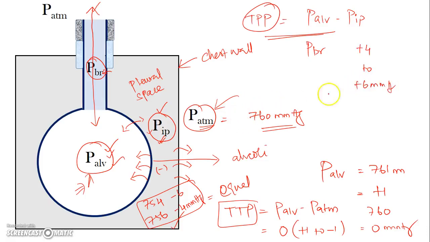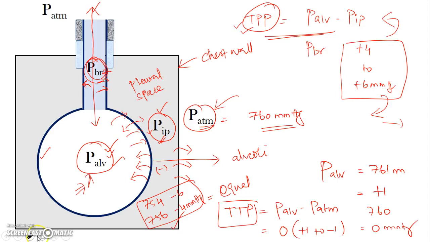This can be referred to as the pressure which acts on the wall of the alveoli and tries to distend it. If the pressure is less than this, the alveoli will shrink more, or if it goes more than +6, the alveoli will try to expand more.